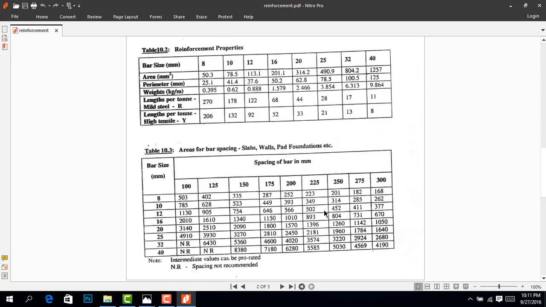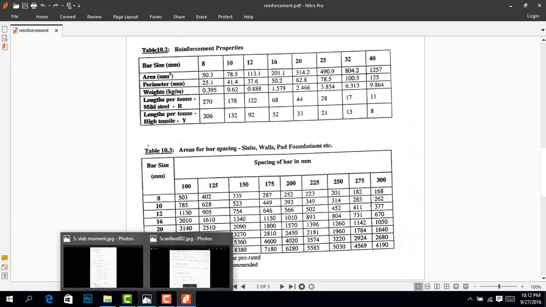So the next one, a bit above it, will be this one. So we can now choose Y12 at 225, which will now be the area provided. Area provided will be 502 millimeters square.